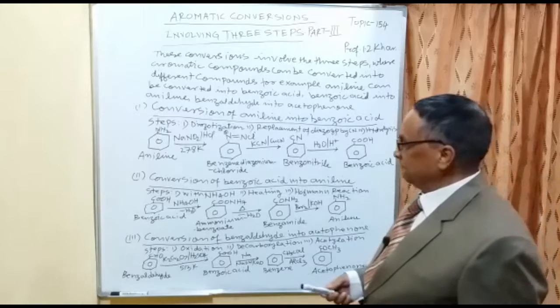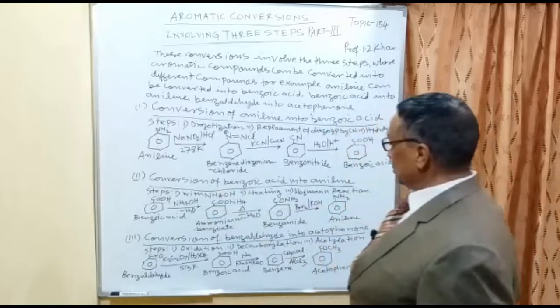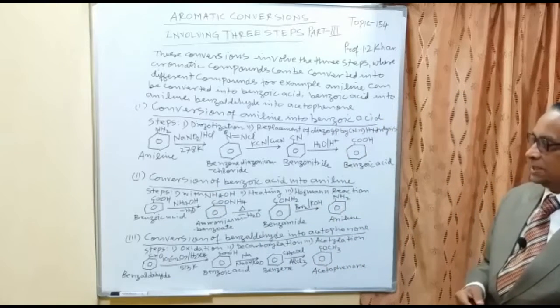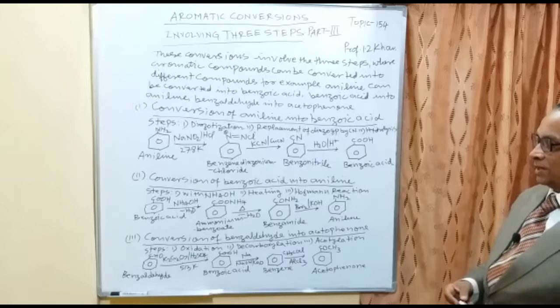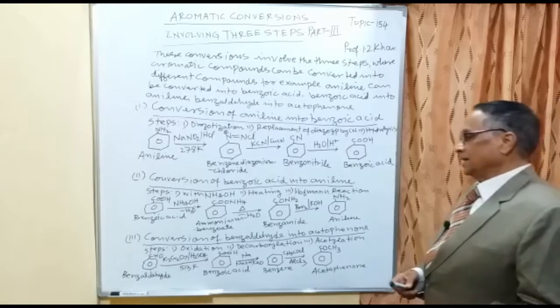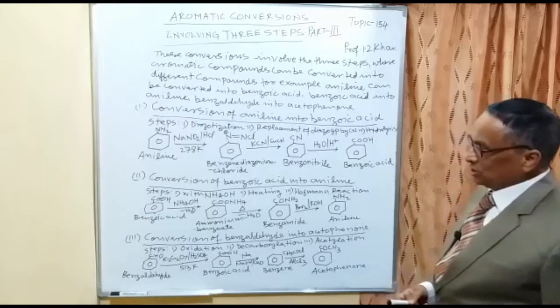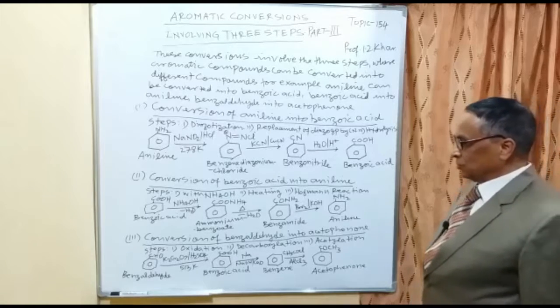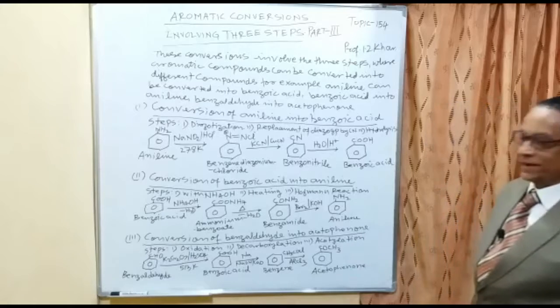Number 2 conversion is the conversion of benzoic acid into aniline, and this conversion involves 3 steps. In the first step, we treat it with NH4OH, that is ammonium hydroxide, which will convert the benzoic acid into ammonium benzoate.